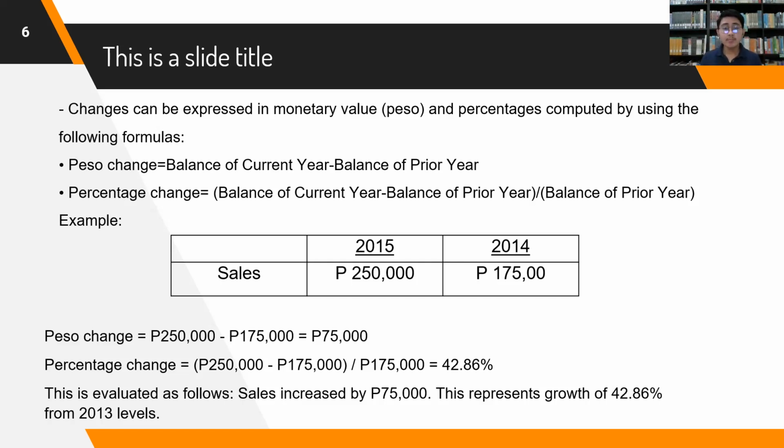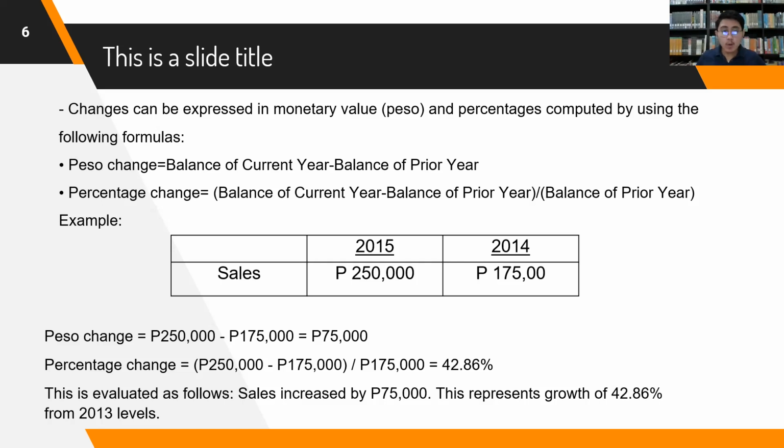So 250,000 pesos minus 175,000 pesos is equal to 75,000 pesos. So nakuha na natin yung answer doon. Then divide po natin siya sa balance of prior year. Ibig sabihin po ng balance ng nakaraang taon, which is 175,000 pesos. So we have a total percentage change na 42.86%.